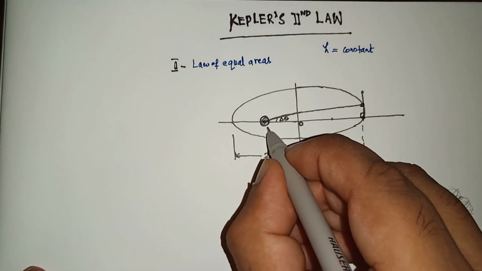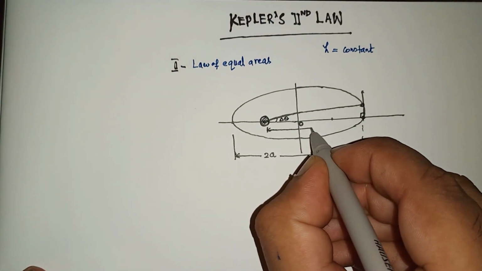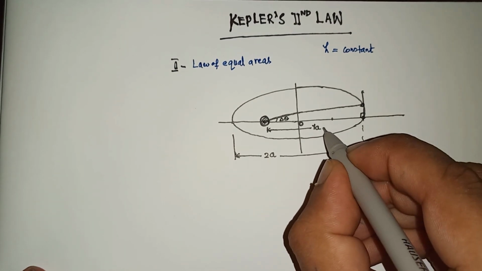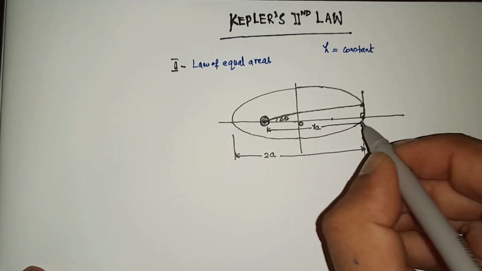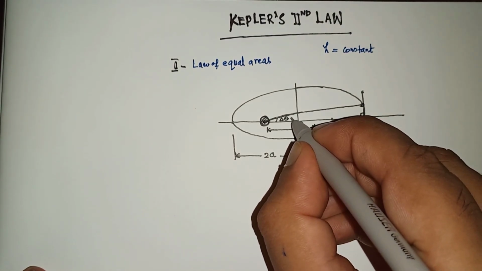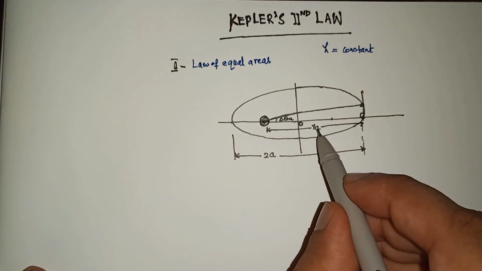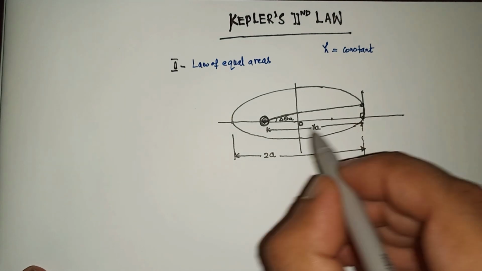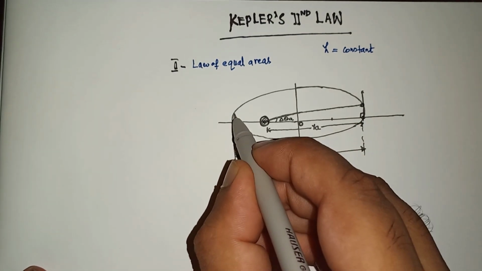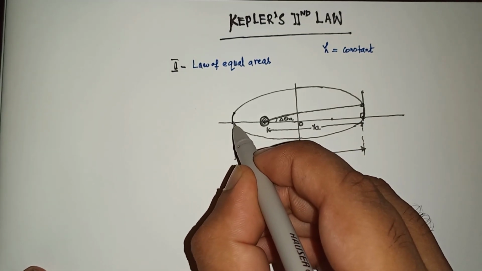Okay, since it is acting at the aphelion, we have an aphelion radius Ra. This delta theta which is subtended can be written as delta theta A. Okay, so this is aphelion. Similarly, some area is being swept over here as well. From here it has reached a smaller distance.